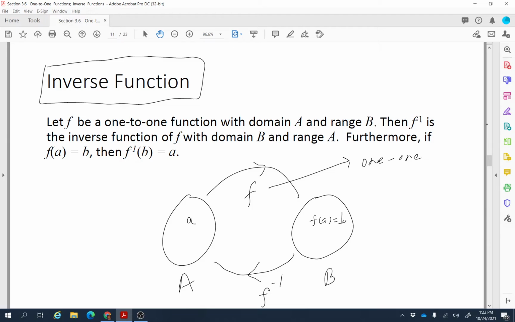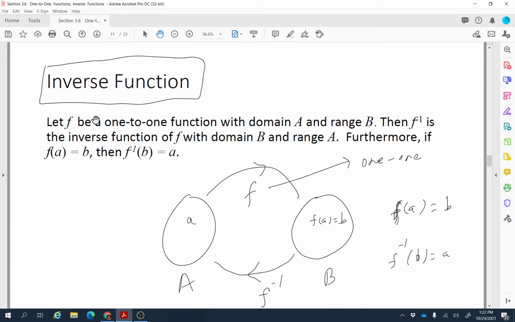If you try to go back and find the reverse of b, then that should be a. So the inverse of b is a, because the value of the function at a is b. So inverse means reverse, and that is only possible for a one-to-one function.